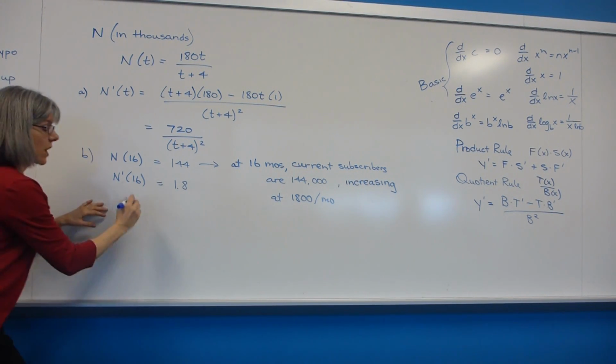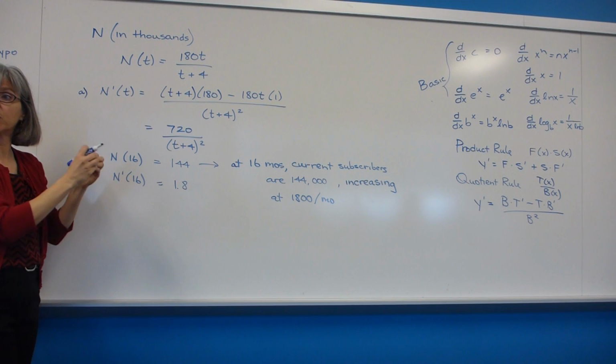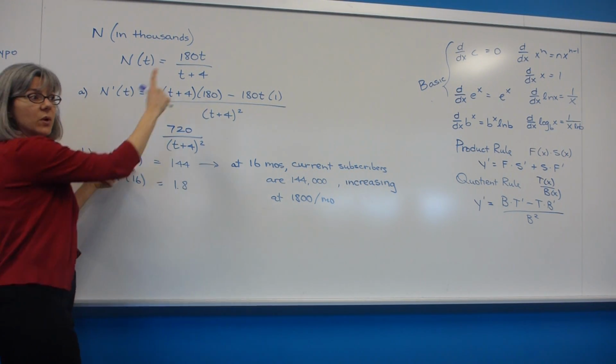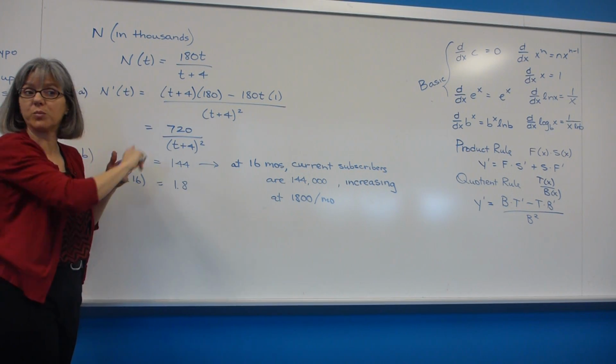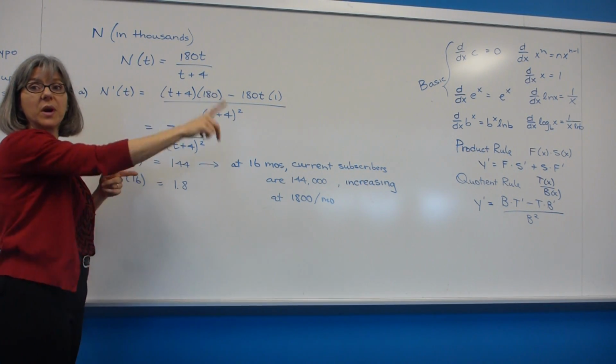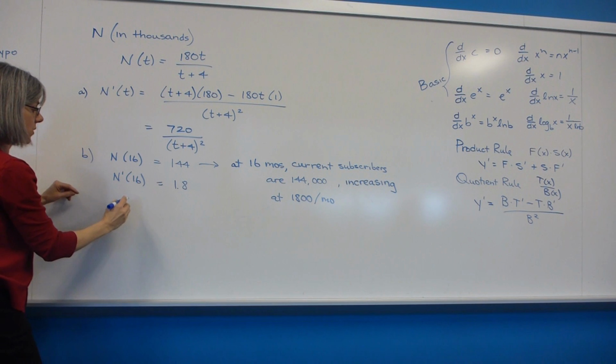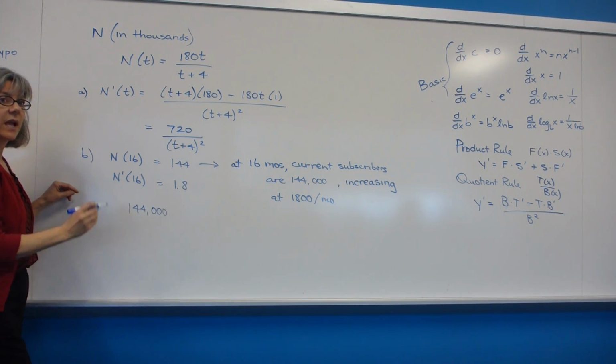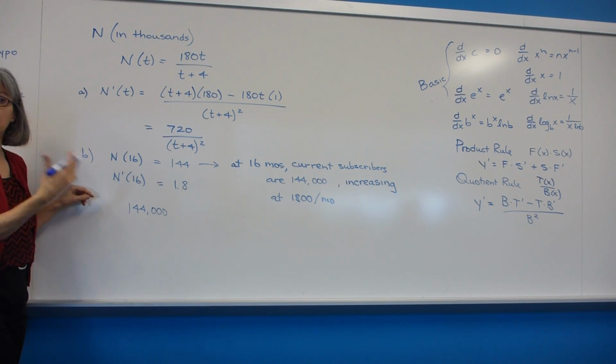Remember, 16 is your starting point. When you're doing marginal analysis or estimation, 16 is the starting point to project for 17, to approximate for 17. So you always start here. We're going to start with 144,000, and we're going to add. I'm looking for the total number. I'm not asking about the rate of increase.